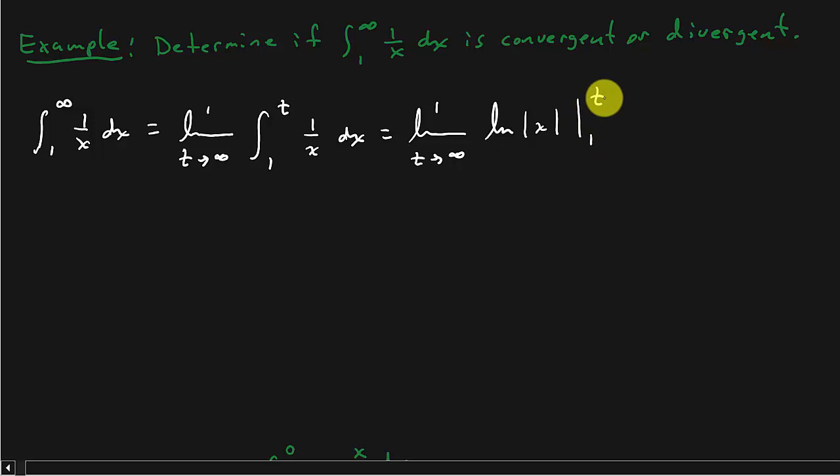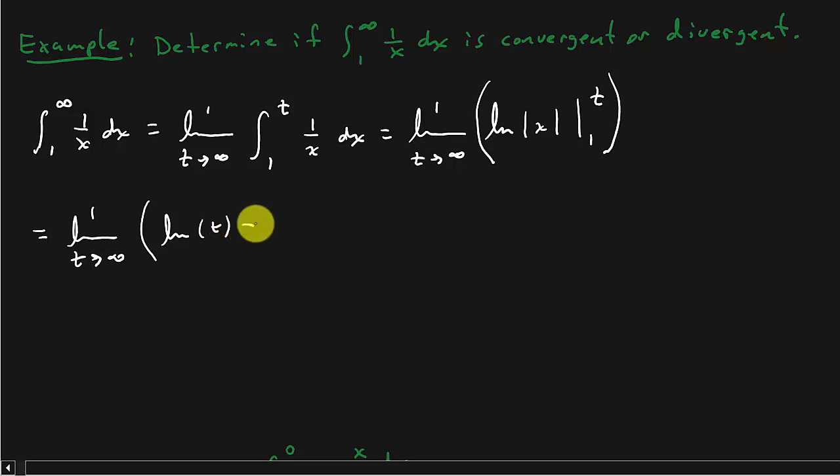And now we just evaluate this. So this is equal to the limit as t goes to infinity of the natural log of t minus the natural log of 1.